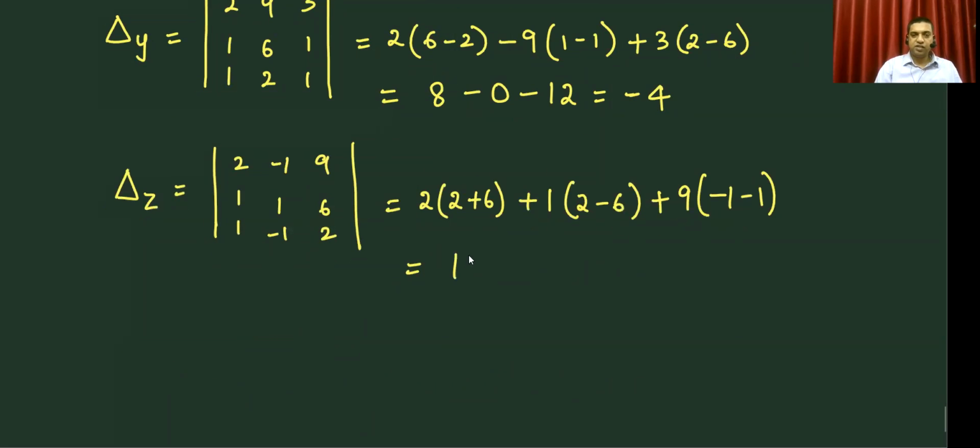So 8 twos 16 minus 4 minus 9 twos 18. So you get minus 6 as the answer.